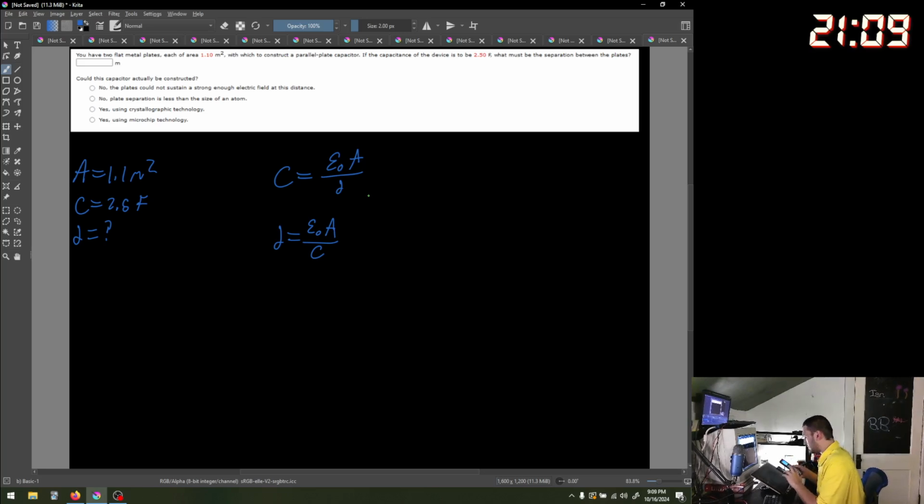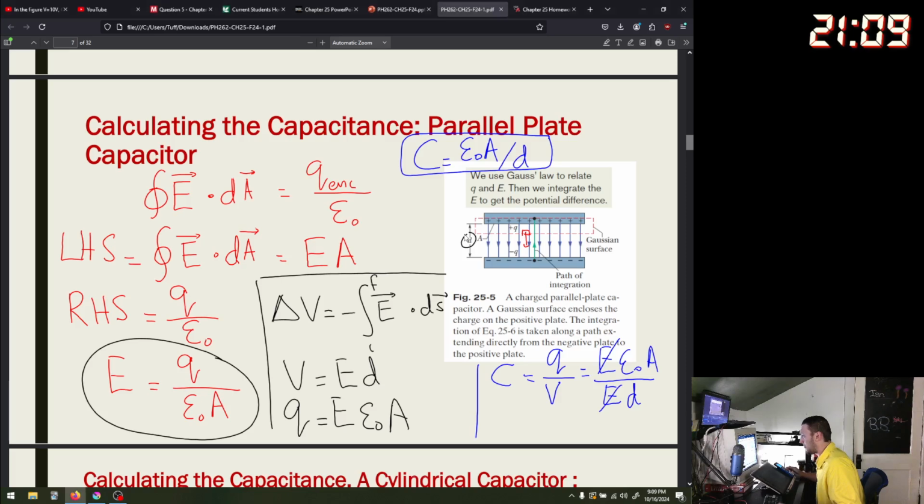So here it's going to be 8.85 times 10 to the negative 12, I think it's negative 12, times area, which is 1.1, divided by 2.5, and the distance is going to be 3.894 times 10 to the negative 12.